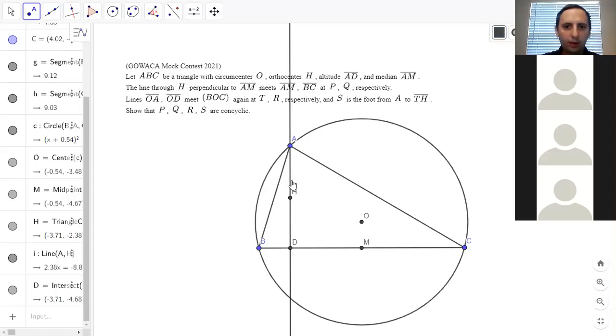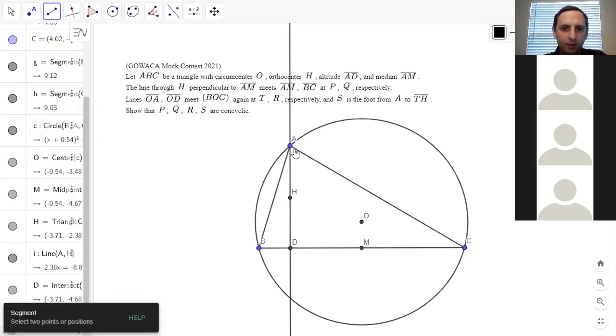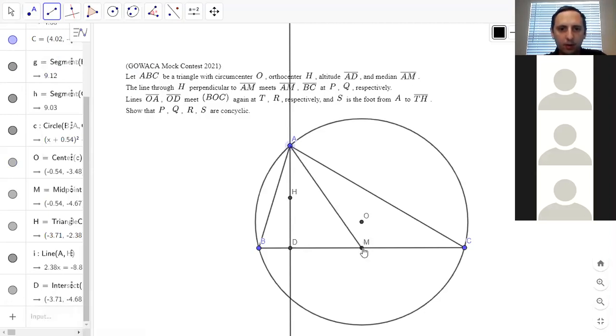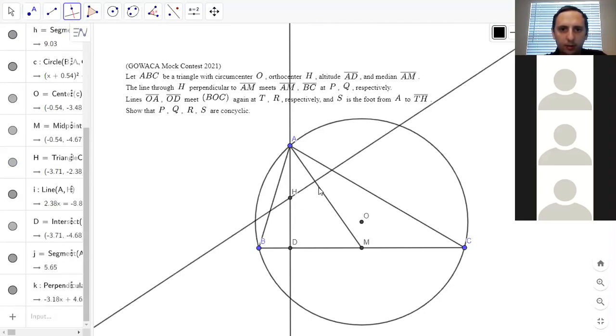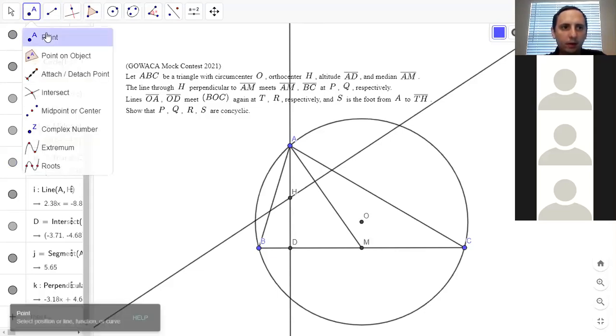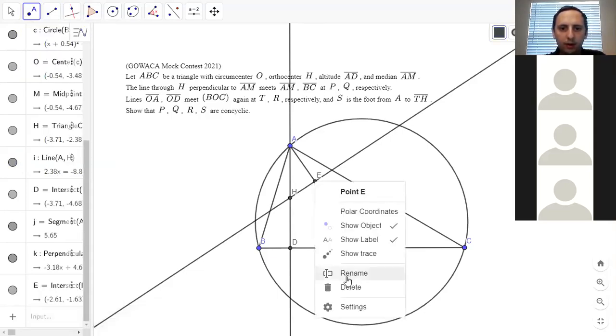The line through H perpendicular to AM, so that's the Humpty. That's kind of how you make the Humpty point, right? And it meets AM at P, so P is the Humpty point, and Q, I'll have to draw that.